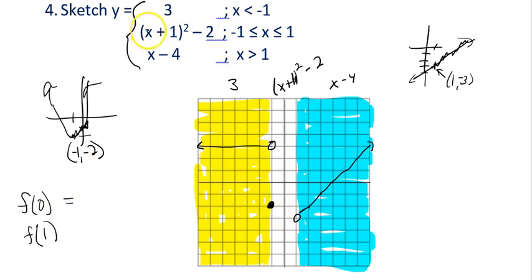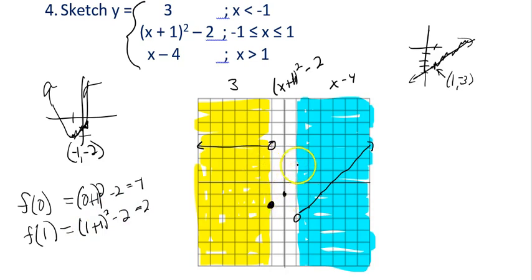So f of 0, if I plug in 0 to that part, I have 0 plus 1 squared minus 2. So that would be -1. So that's going to be at 0, -1. And then f of 1. I plug in 1, 1 plus 1 squared minus 2. So that'll be 2 squared is 4, minus 2 is 2.